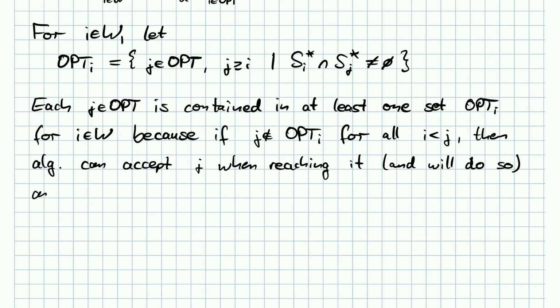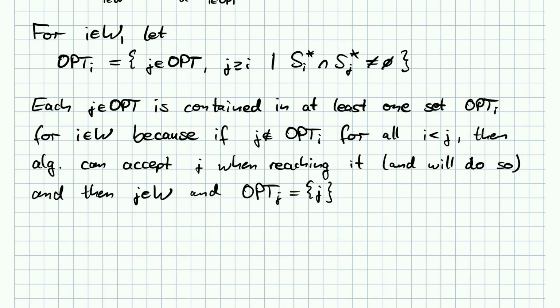And then j itself will be a winner, and opt j will be exactly the set containing only j.